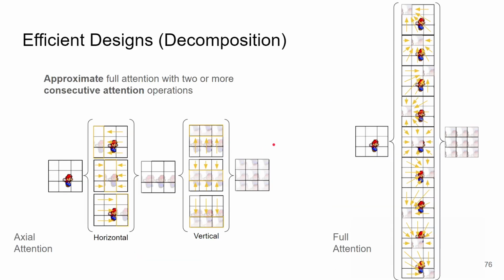Now, I was saying that this idea of performing several attention operations one after the other approximates full attention. When I perform full attention, every token is attending, in this example, to 9 tokens, right? So this token is attending to all of the other 8 tokens and to itself. So it's allowing information to flow from every other element up to here.